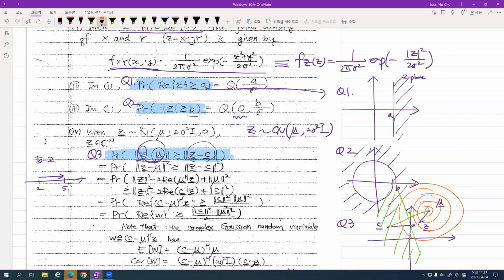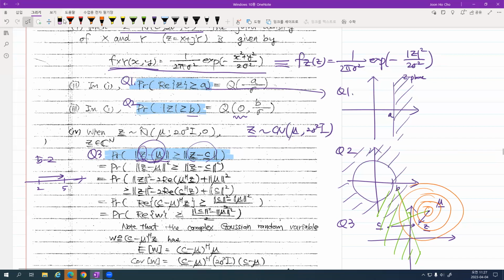That is the geometrical interpretation of this event. Surprisingly, your algebraic manipulation will show that the result can simply be written in terms of the Q function, not Marcum's Q function, just the single Q function.